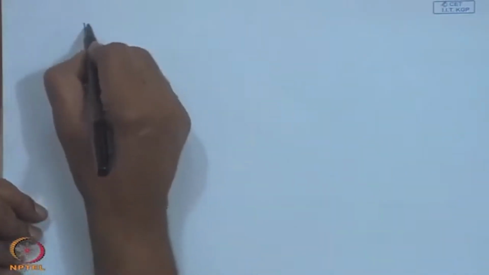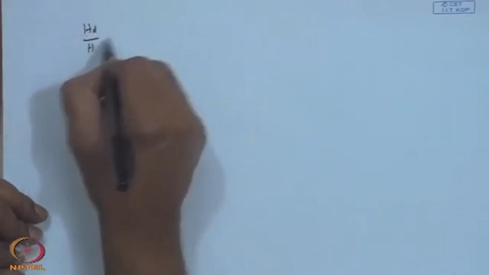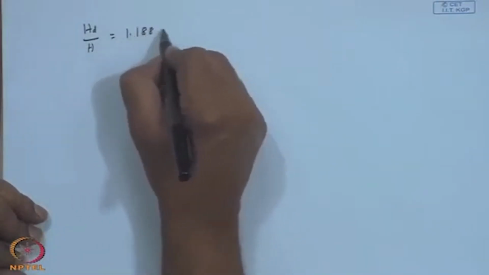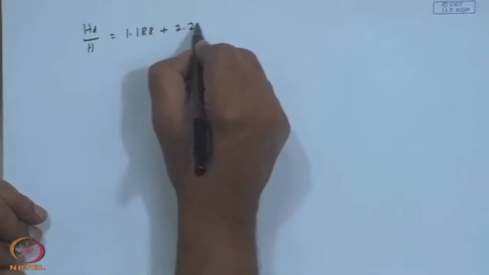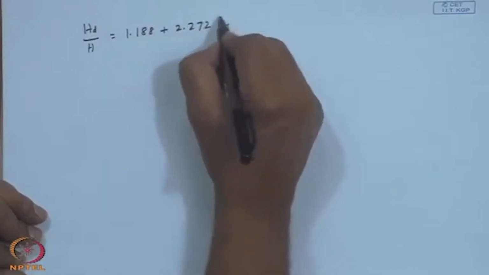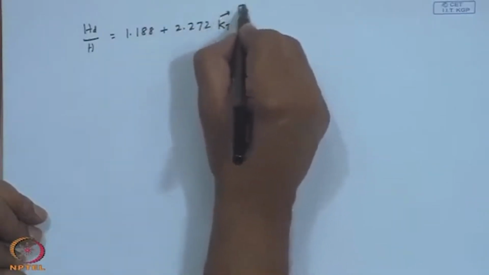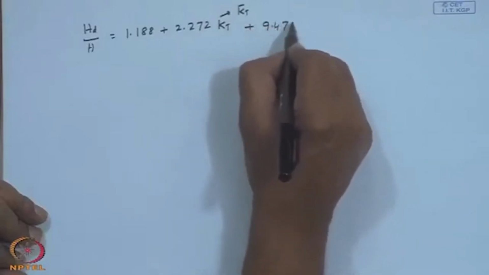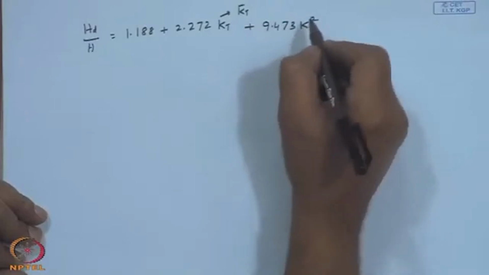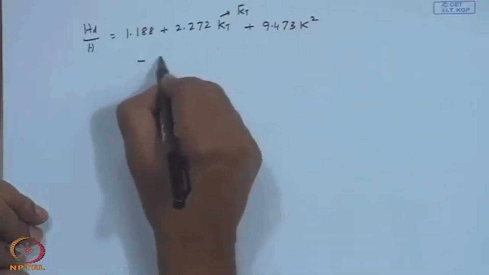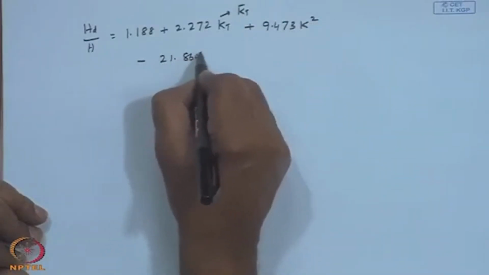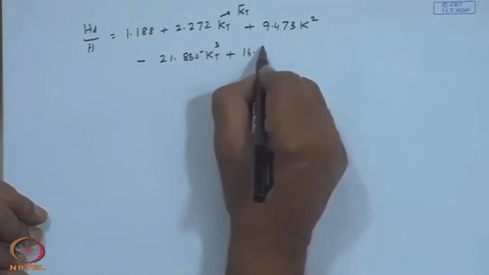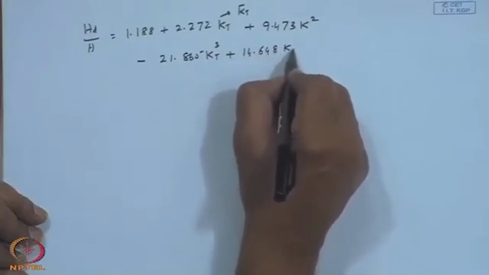So, now h d by h equal to 1.188 plus 2.272 k t, which will be equal to numerically k t bar, plus 9.473 k t square minus 21.865 k t cube plus 14.648 k t to the power 4.